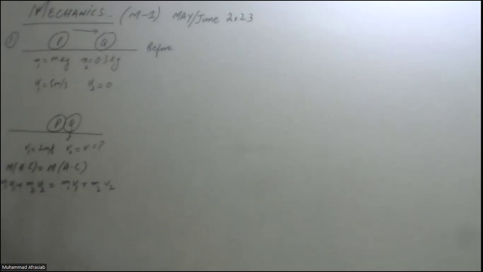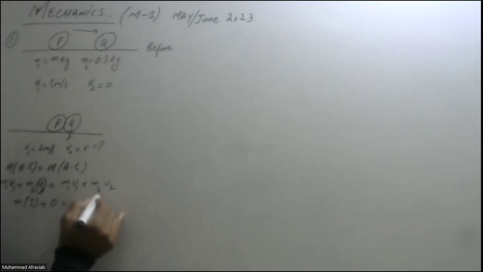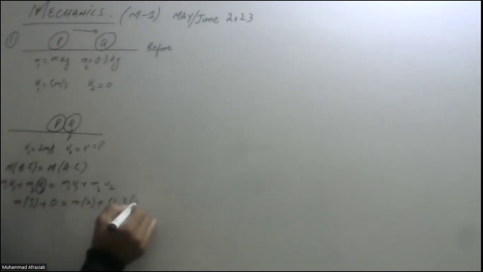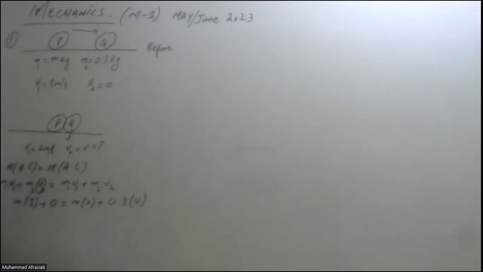Since m1 is m, u1 is 5, and m2 is at rest, so that is 0. m1 is again m, its speed after the collision is 2, the mass of Q is 0.3, and its speed is v. So this will become 5m equal to 2m plus 0.3v.